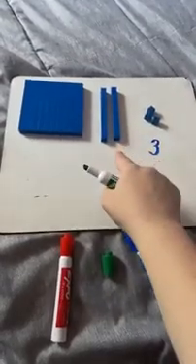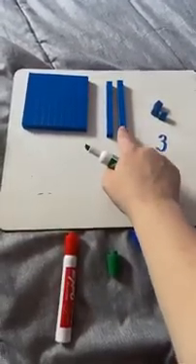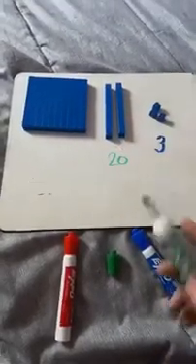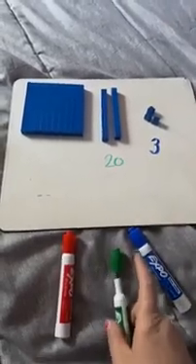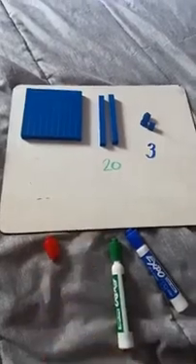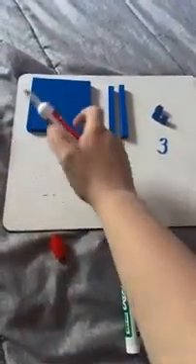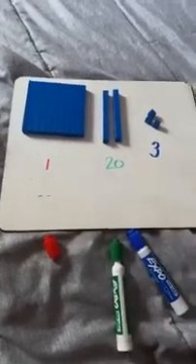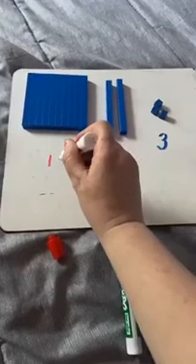Do I have 2? No. I have 10, 20. So I have 20 here. Okay. So now, the next one that I'm going to write, how many 100s do I have? How many do I have? You're right, I have one of those, but it doesn't equal 1, it equals 100.